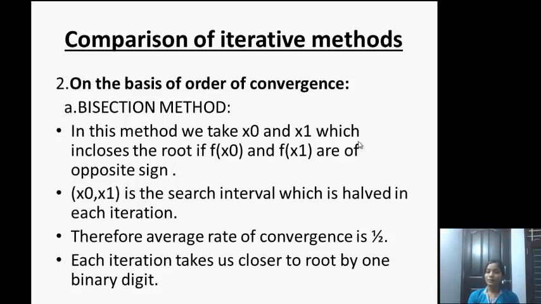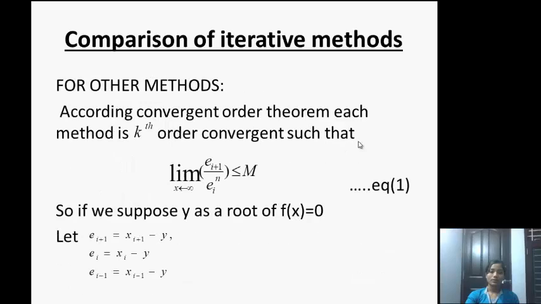If they are of the same sign, our root doesn't lie within the interval, and the interval will be wrong at that time. So x0 and x1 is such an interval which is halved in each iteration. Therefore, the average rate of convergence will be 1/2 or 0.5. Each iteration takes us closer to the root by one binary digit.